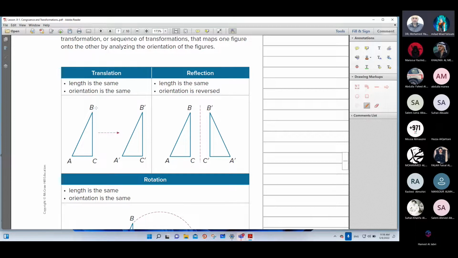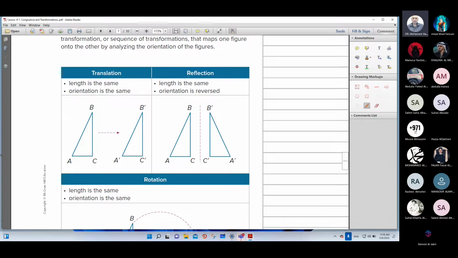As you see here, A, B, C, this is the image. When you do translation, you will get A prime, B prime, C prime congruent with ABC, meaning the same size and the same angles. No change.